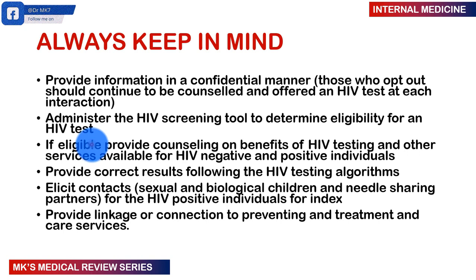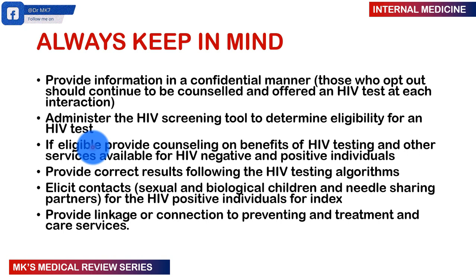If they are minors, then their legal guardian is the only one entitled to know all the results concerning the child. But if they are above the age of a minor and they can make legal decisions, then it is up to their discretion who you can tell or can't tell.